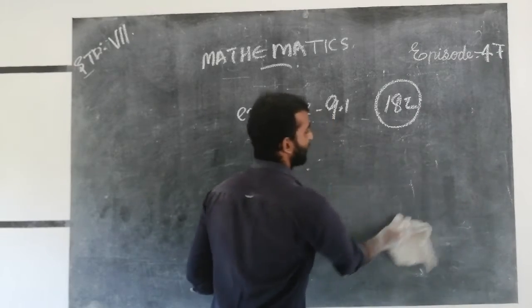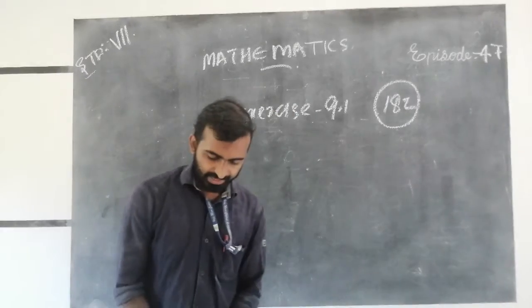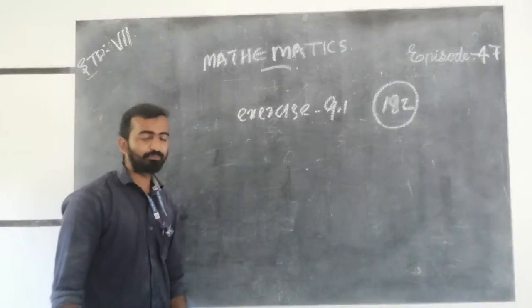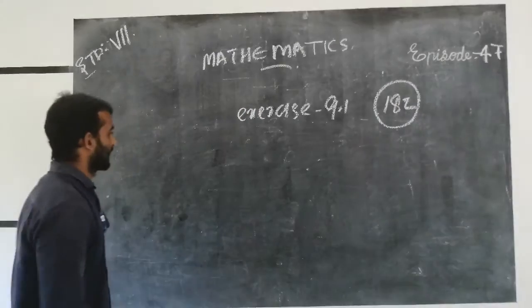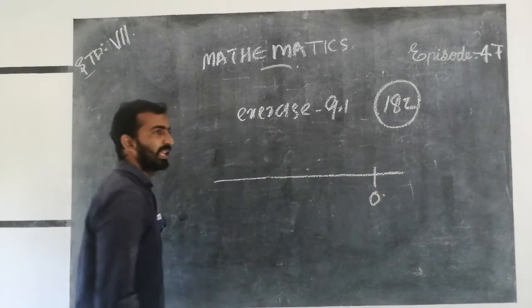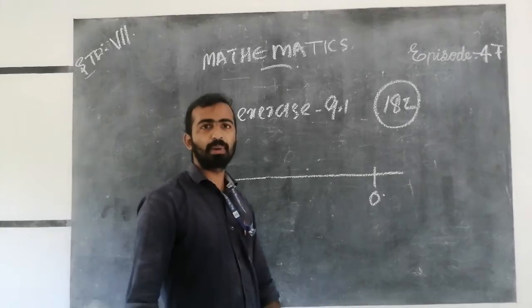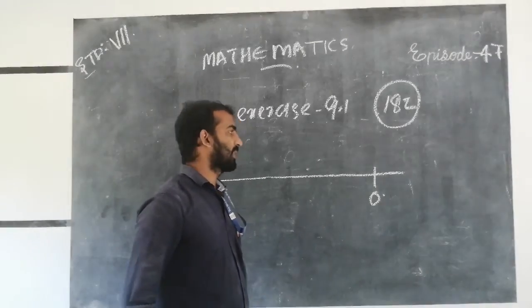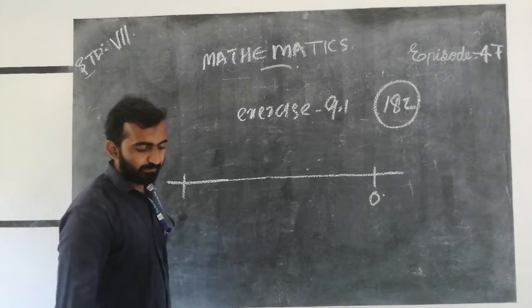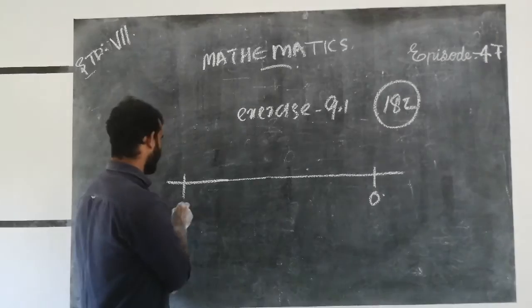Next is negative 5 by 8. Here is 0. We know that the positive numbers are on the right side of the number line and negative numbers are on the left side. So here we take negative 1.